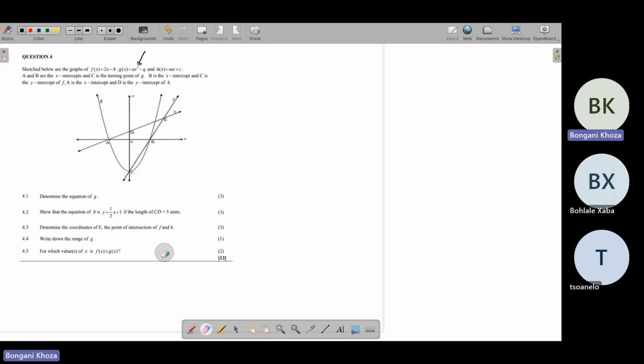Right. So firstly, we are asked to find the equation of G. So equation of G, it's the one for this parabola over here. So let's write the equations that we have. f at x equals 2x minus 4. And we also have g at x, which is a x squared minus q.